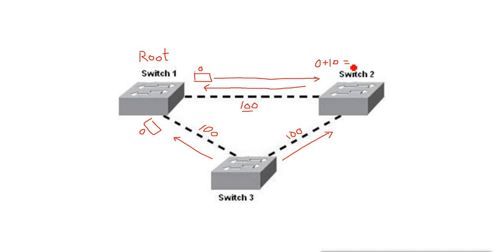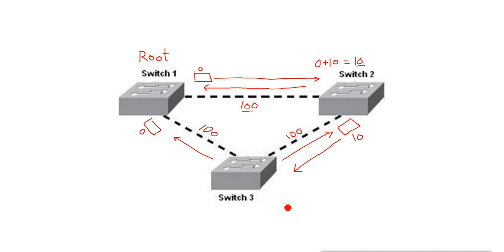So the path cost for switch 2 to reach the root bridge is 10. Now it will send the BPDU on this link with this path cost added, and it will reach switch 3.